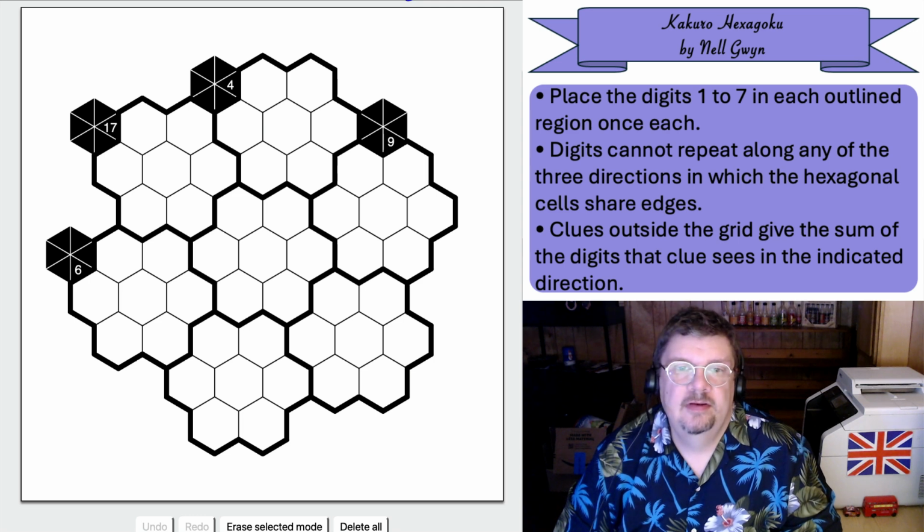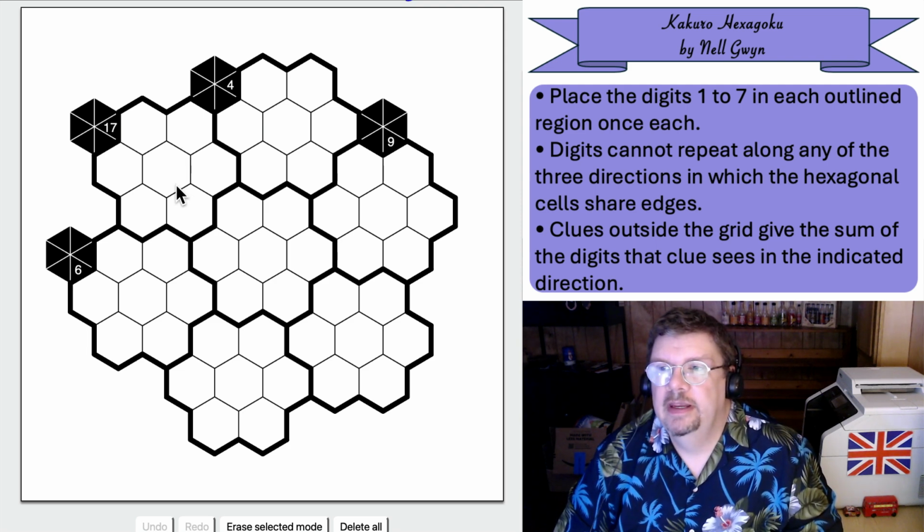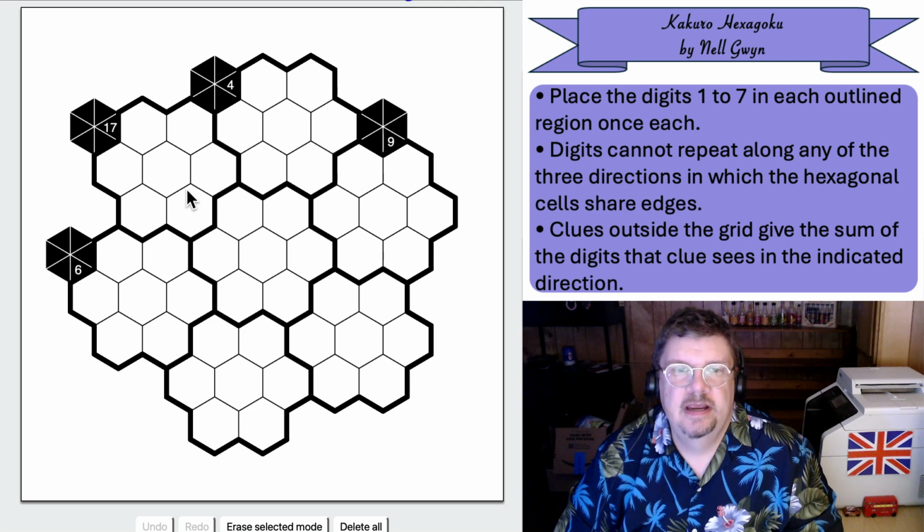And now let us indeed have a look at the rules. Place the digits 1 to 7 in each outlined region once. So we have these regions of 7 digits, and each region is going to have the digits 1 to 7 in. Digits cannot repeat along any of the 3 directions in which the hexagonal cells share edges.